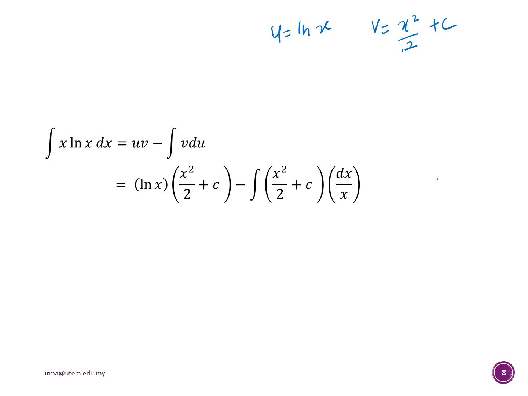After you substitute everything, you can put c at the back. So we have u times v minus the integral of v du. Just now we have du/dx equal to 1 over x, so du equals 1 over x dx.